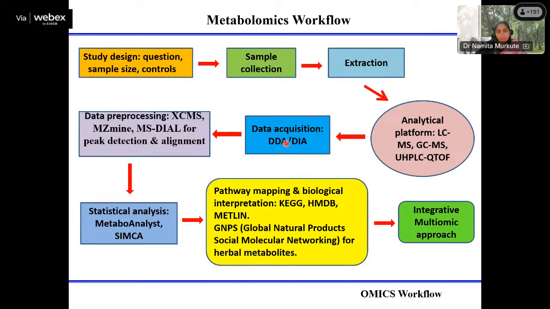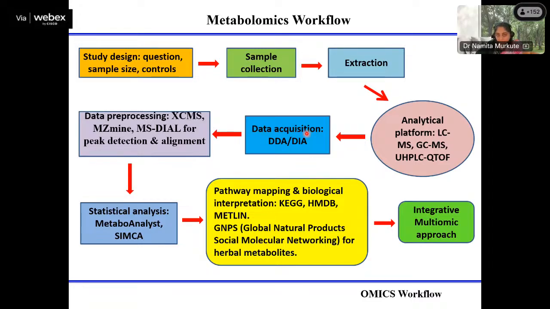DDA is the method where, if you set it in your mass spec, it will scan the sample and identify the mostly abundant ions present in your sample. So what will happen here? You will lose the low abundant molecules from your sample. This is the drawback of DDA analysis.